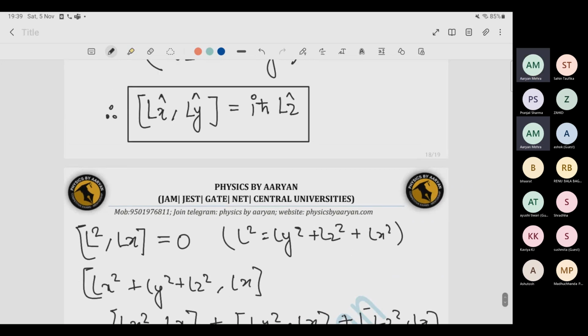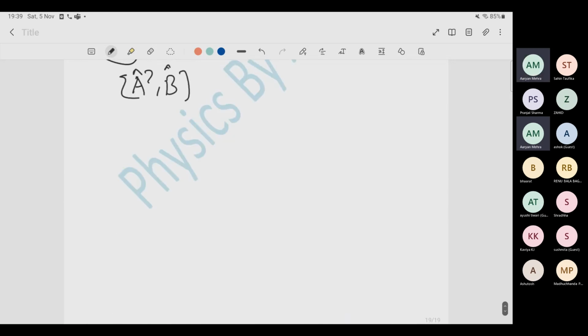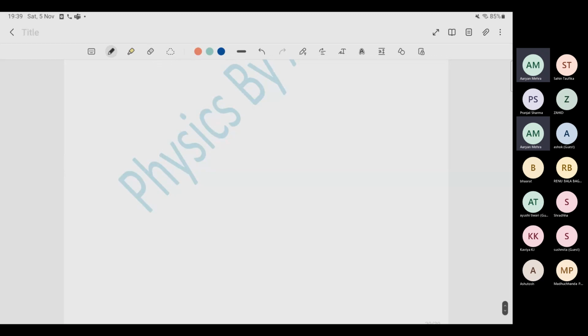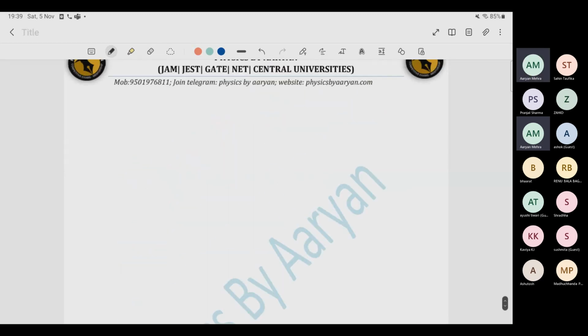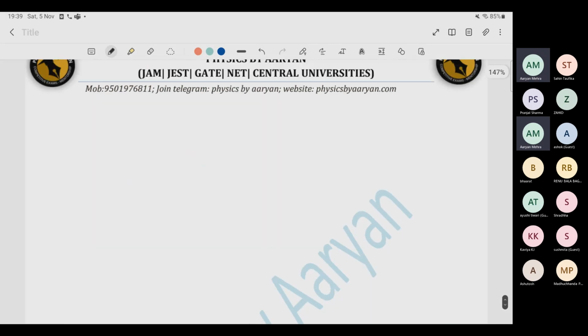With this information, let's now move forward. What is the next step I want to take you to? I am talking about operators, but they should operate on something and give you something. So let's see how these operators operate.